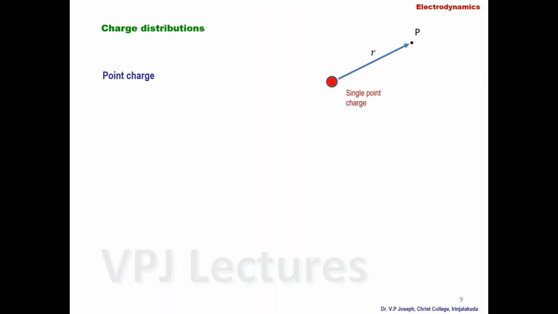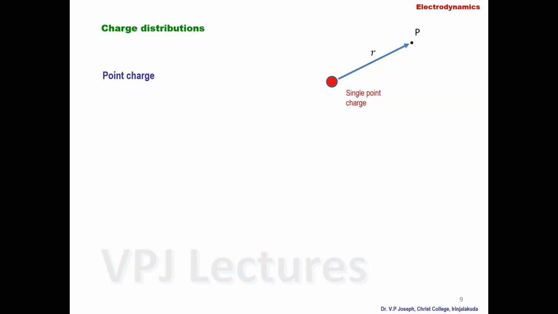And the general form of the charge distribution, that is the volume charge distribution, with charge density rho, Coulomb per meter cube. So we will consider the expression for the total charge in all these cases and the electric field due to different types of charge distributions.